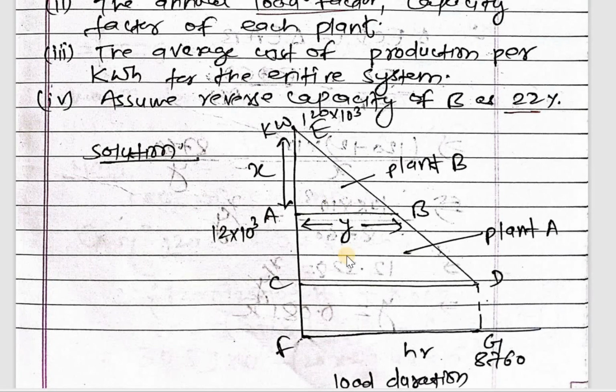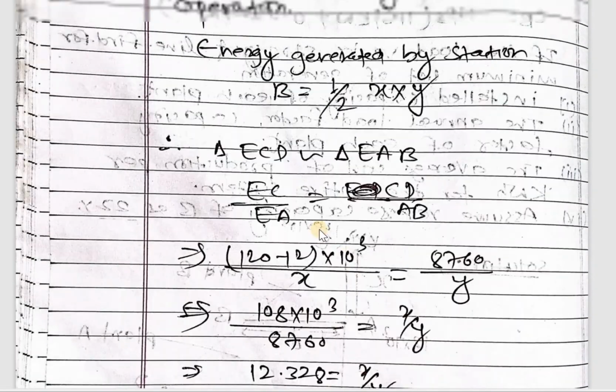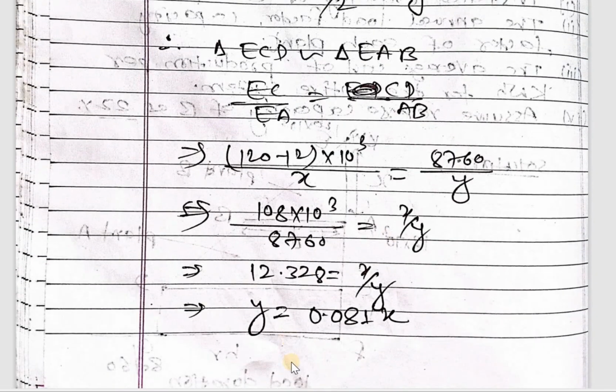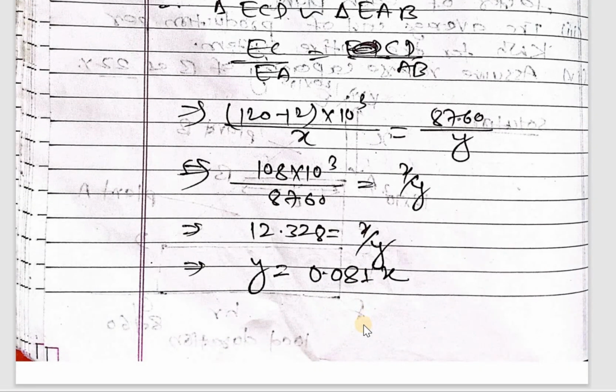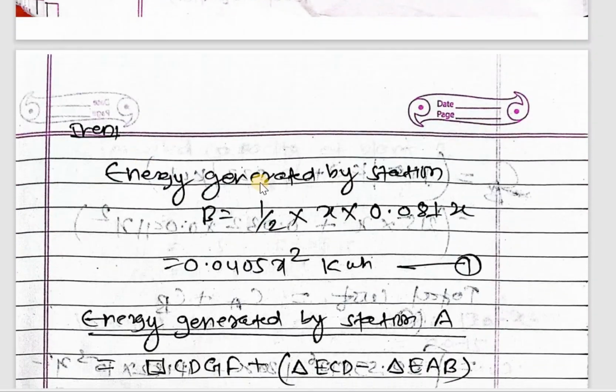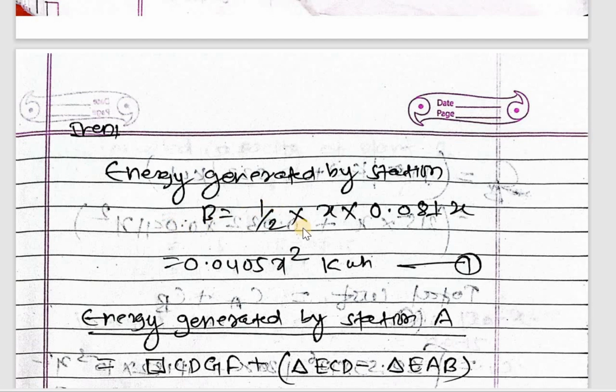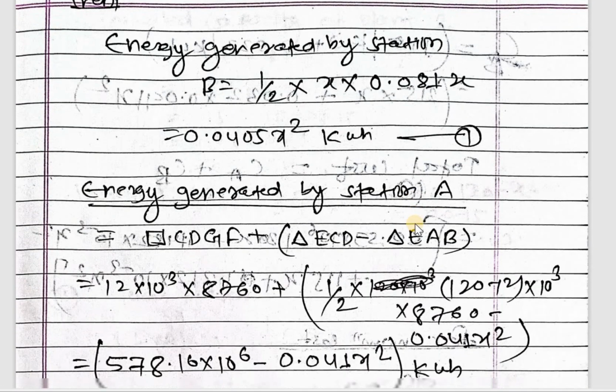So, EC upon EA equals CD upon AB, that is (120 minus 12) into 10 to the power 3 upon X equals 8760 by Y. Then we can get Y equal to 0.081 X.